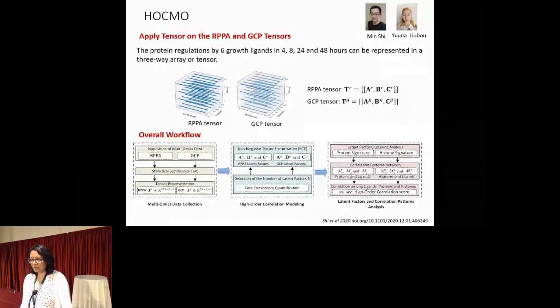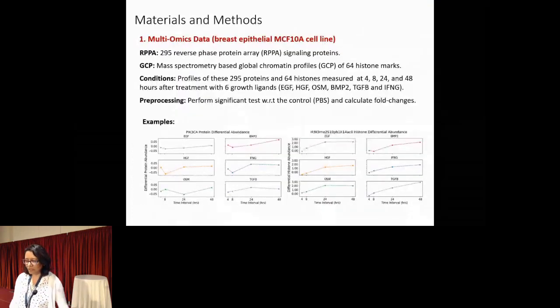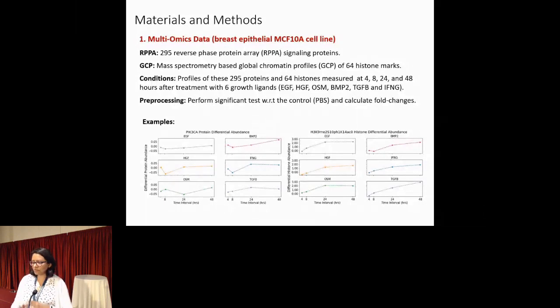So here are the steps. I think I should be going a little bit faster, but I just wanted to go through the methods and materials steps that we have taken. We have taken 295 reverse phase protein array and mass spec based 64 different histone marks, combinatorial marks.